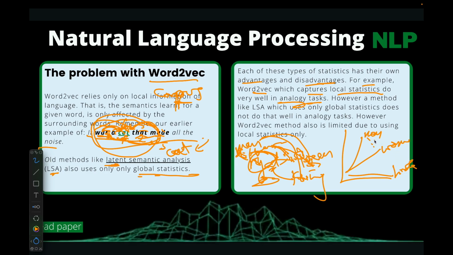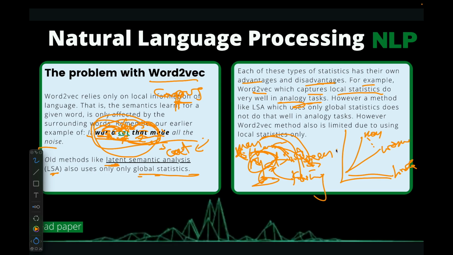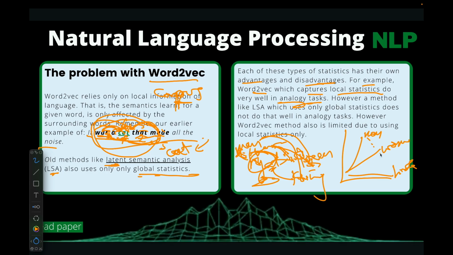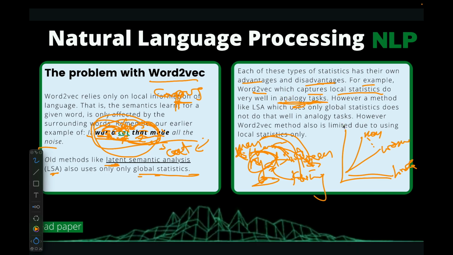House would be far from man and woman. That is analogy, finding analogous things that are similar to each other. So if you use techniques like Word2Vec, you are likely to be able to perform analogy tasks very efficiently.